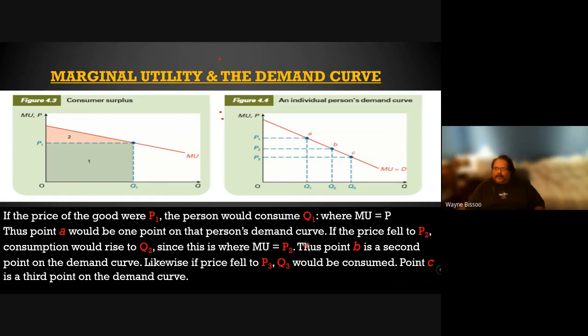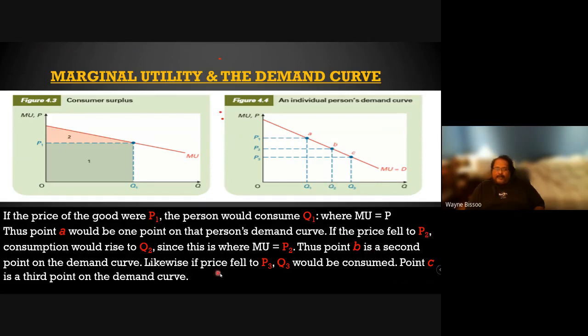If the price fell to P2, consumption will rise to Q2, since this is where the marginal utility is equal to P2. When we come across here, B is the point where we are equal to P2. At the lower price, we'll buy more of the good because the price equates with a lower level of satisfaction.